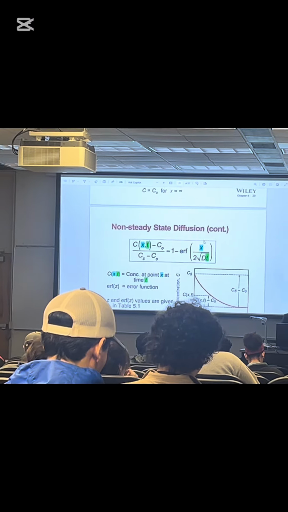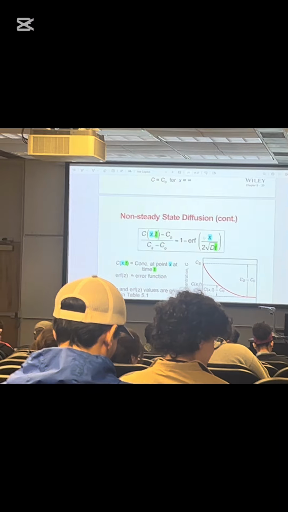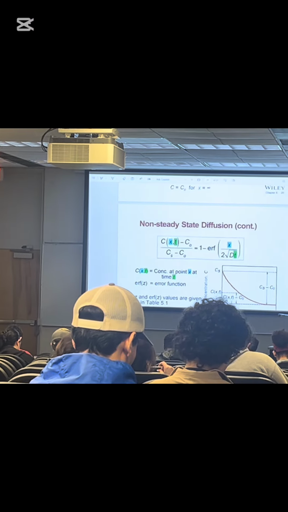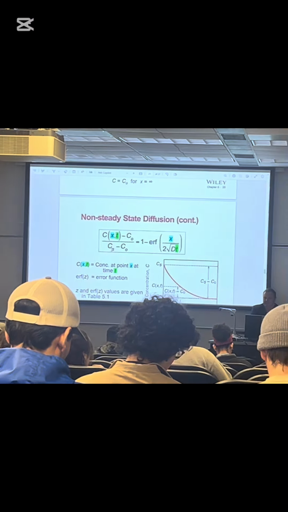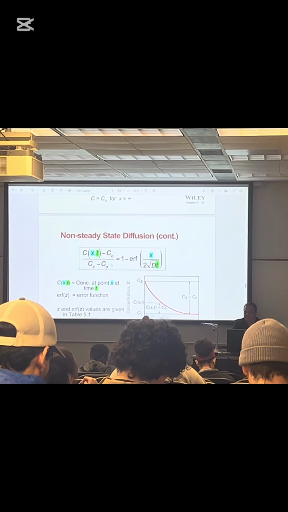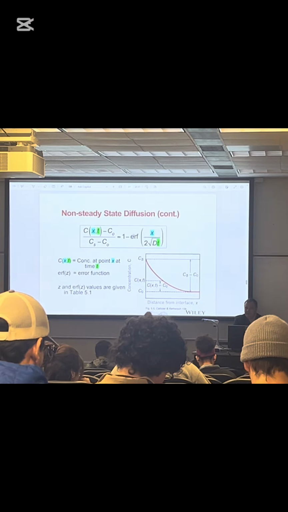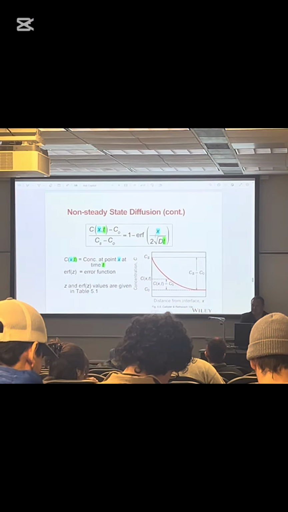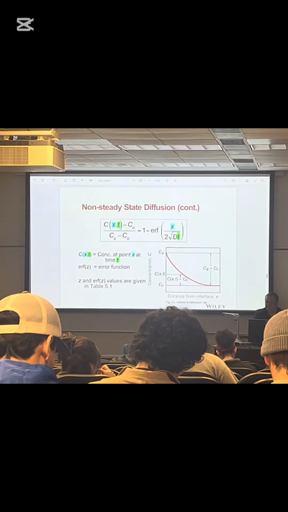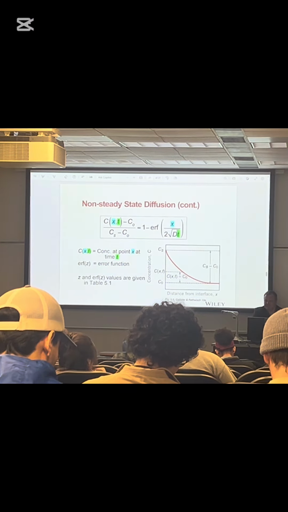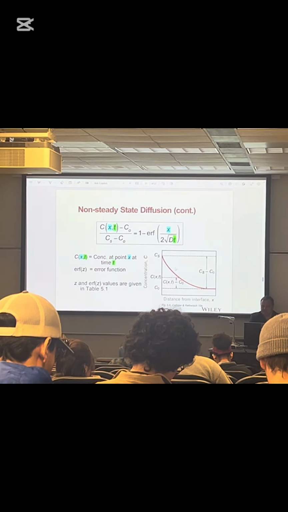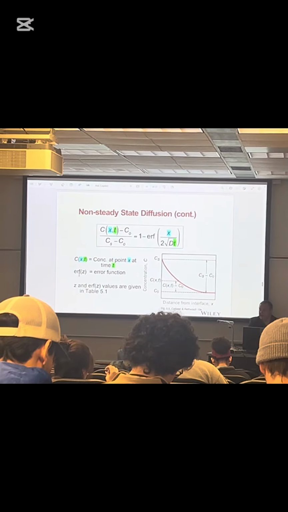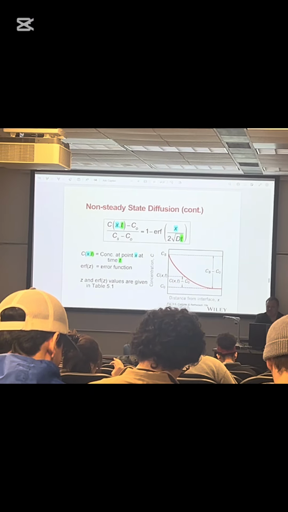It is solved as an error function. So this is c of x and t minus c0, divided by cs minus c0, is equal to 1 minus the error function of x divided by 2 square root of Dt, where t is the time and x is the distance. And erf of z is an error function.